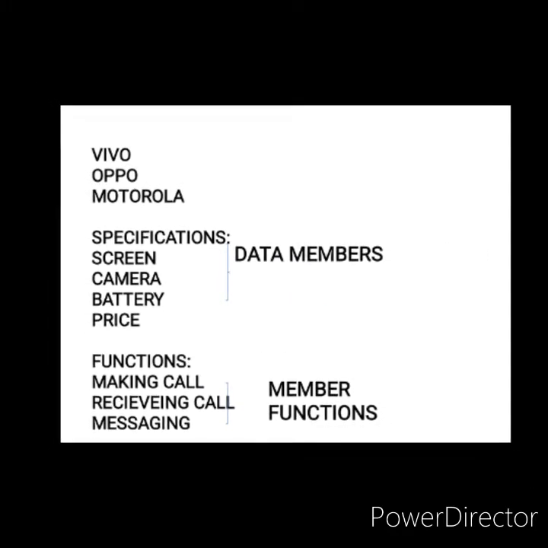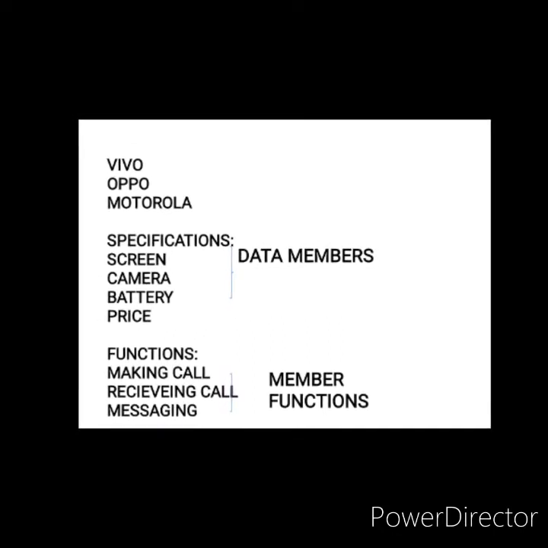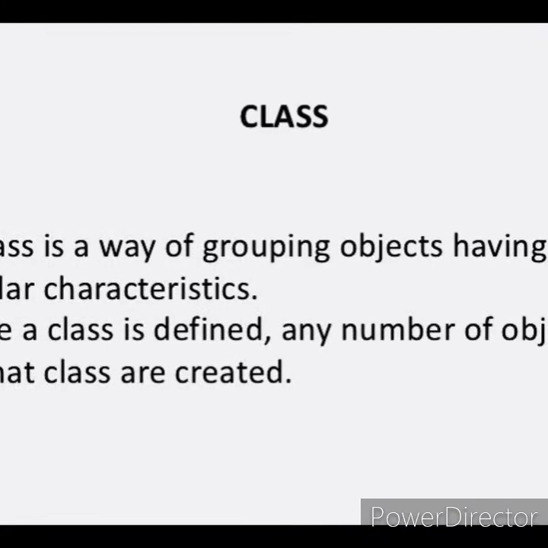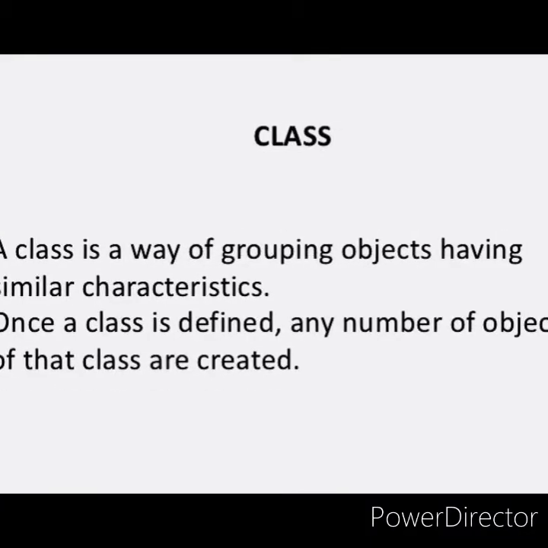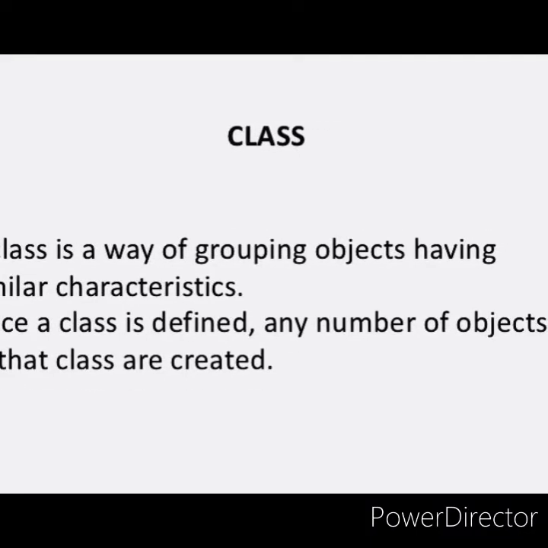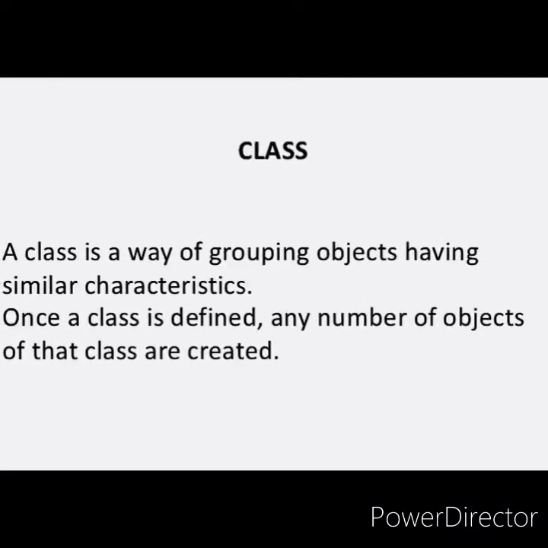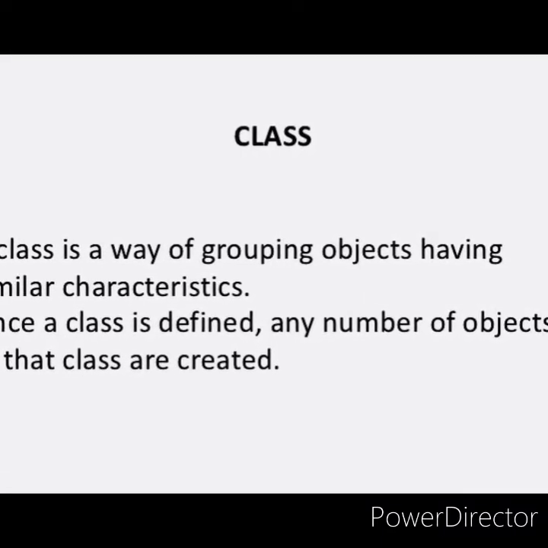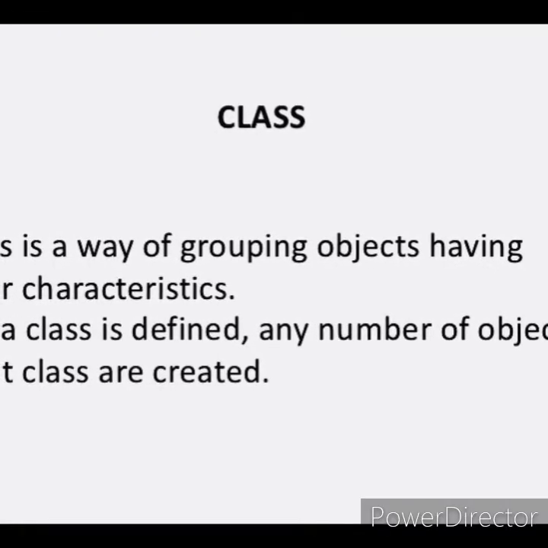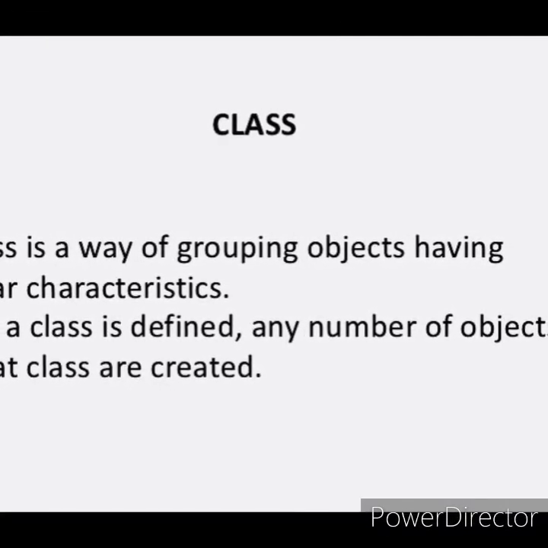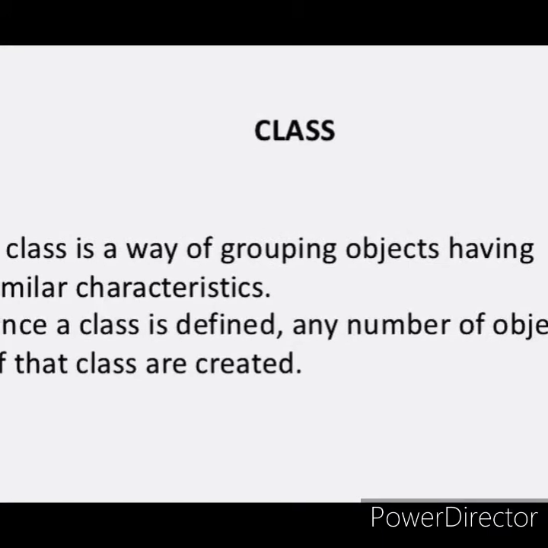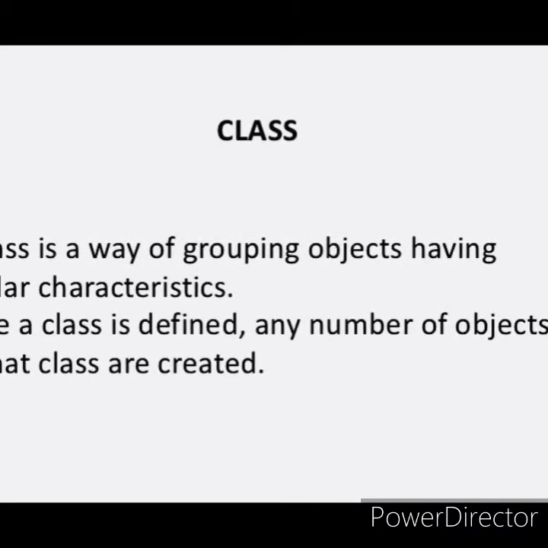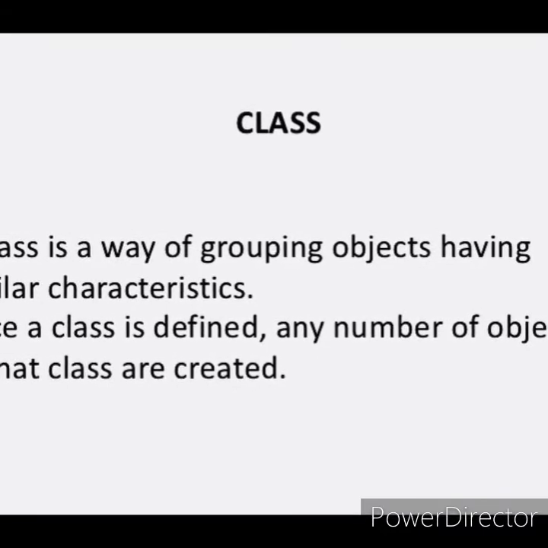The next characteristic of OOP is called a class. A class is the way of grouping similar objects, or else the grouping of objects with similar characteristics is considered a class. If you consider the example, there are a variety of mobile phones available in the market.